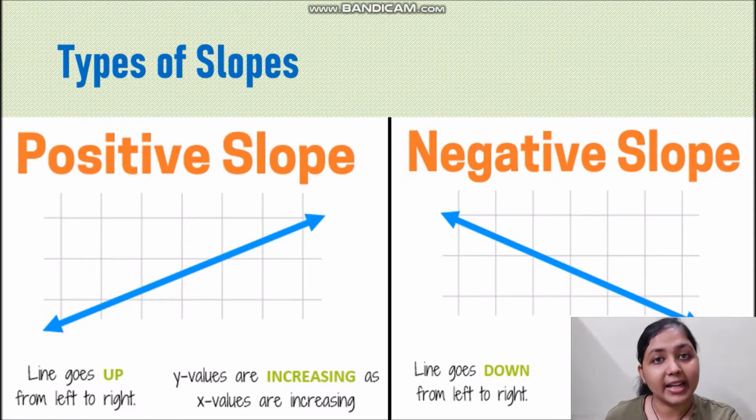So that is the negative slope. These are the two types of slope we majorly use while we study the scatter diagram way to find out correlation. So now let us know what actually a scatter diagram is.